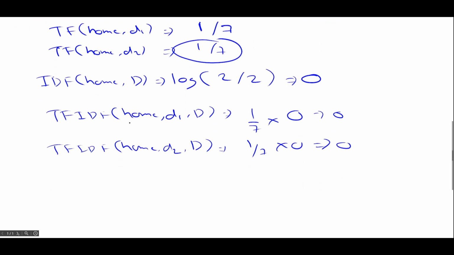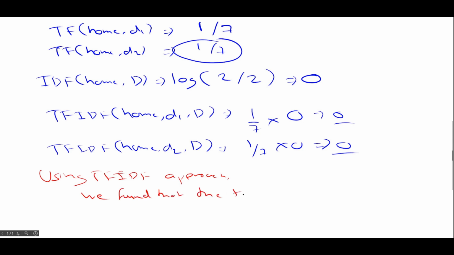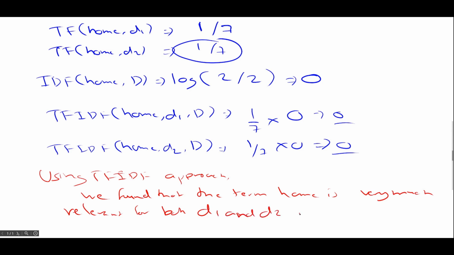Now since the TF-IDF value is so low, how we can answer the question using the TF-IDF approach is that we found the term home is not very relevant for both D1 and D2, or document 1 and document 2.